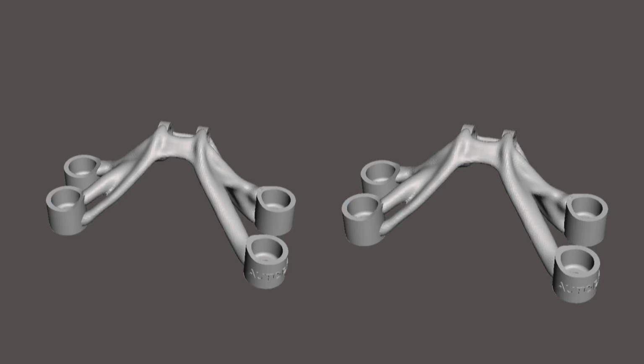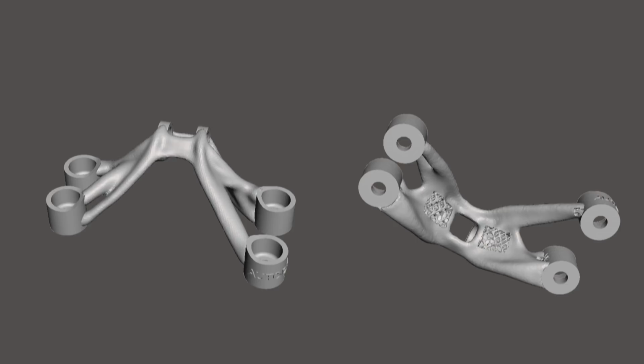The design on the left removes material through topology optimization, that synthesis mechanism that is going to remove weight until we have one optimal solution. The one on the right takes that design as its seed and removes even more weight by introducing an internal lattice.